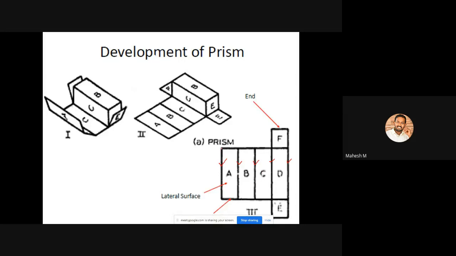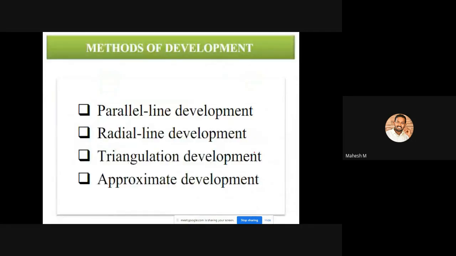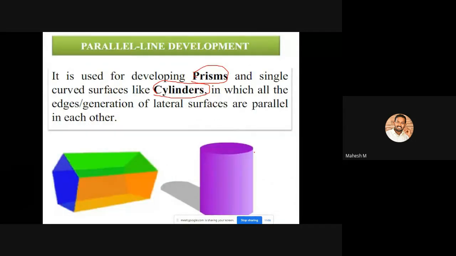Look at this, both the lines are parallel to each other. So we can call this kind of diagram parallel line development. It is applicable the same for a cylinder. So all kinds of prisms and cylinders come under this topic, parallel line development.